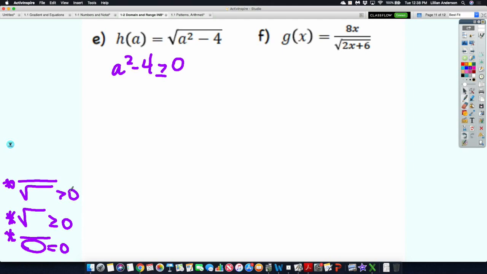Let's figure out what two numbers are on our line. I'm pretty sure you guys can see already what numbers are going to be on our line. Add 4. Take the square root. What numbers are going to be on our line? Plus or minus 2. There's always positive 2 and negative 2.